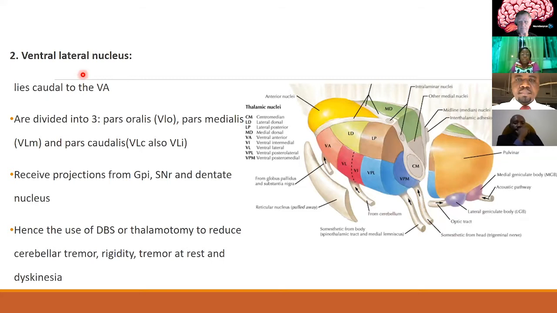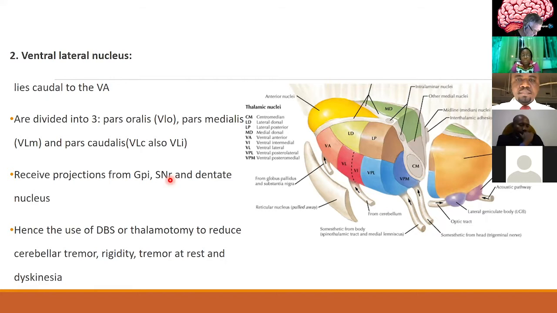As for the ventral lateral nucleus, it lies caudal to the ventral anterior nucleus. It is divided into three parts. We have the pars oralis, the pars medialis, and the pars caudalis, also known as the ventral intermediate nucleus. It receives projections, just like the ventral anterior nucleus, from the internal globus pallidus and the pars reticulata of the substantia nigra.